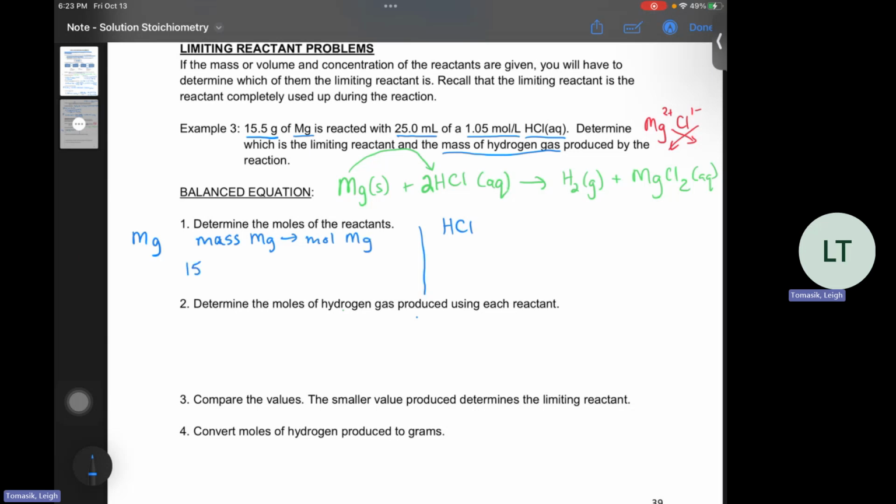So we have 15.5 grams times, and we want to use the molar mass with the 1 mole on top and the molar mass. Magnesium doesn't need a calculation. We just need to look it up on the periodic table. The molar mass of magnesium is 24.31 grams.